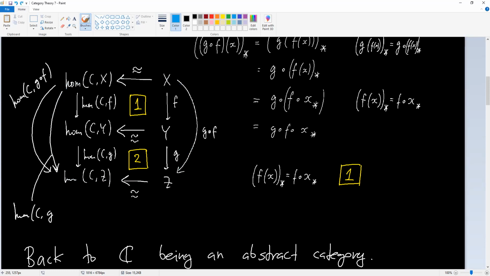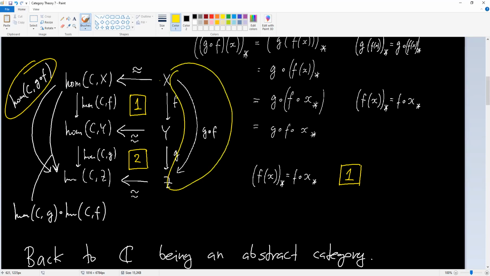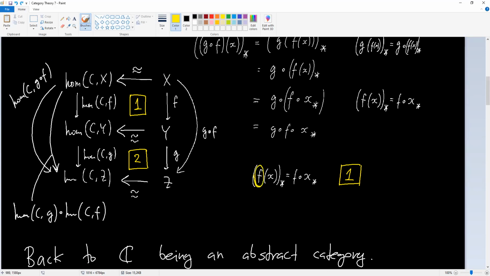Now, we have another candidate for something going from C X to C Z. It is this one, applying the Hom C thing directly to the composite g f. But of course, by substituting g f in the place of f here, we get that this also commutes.